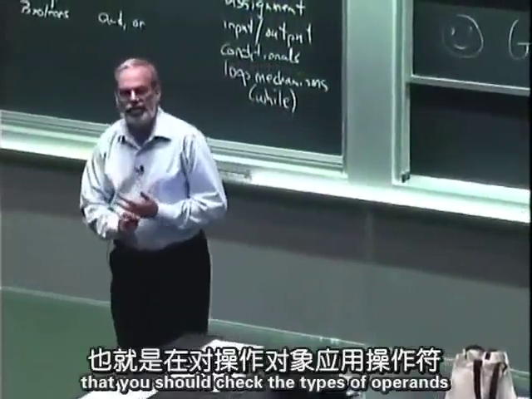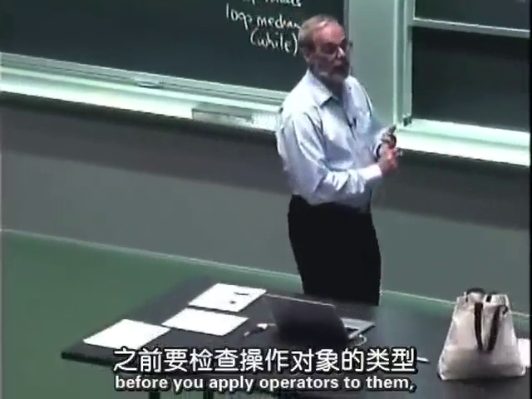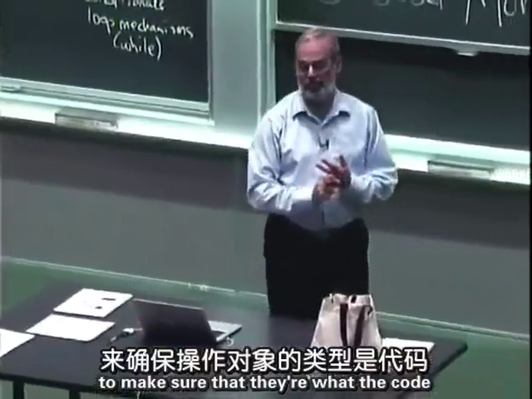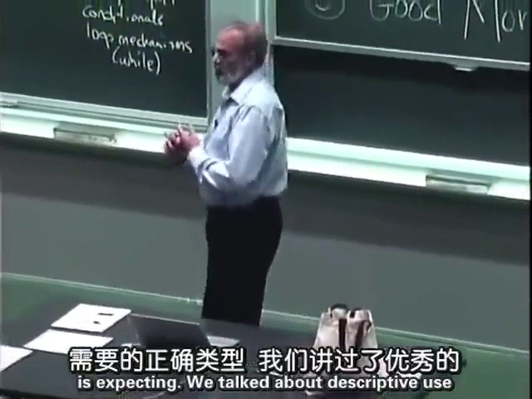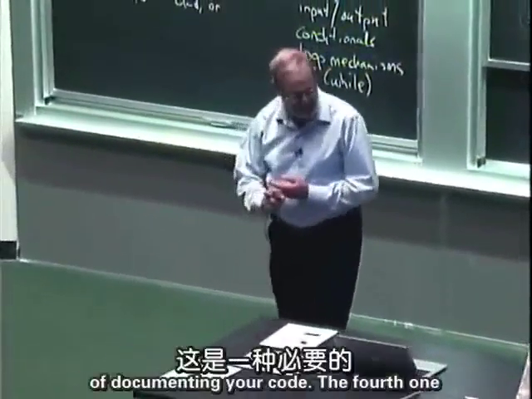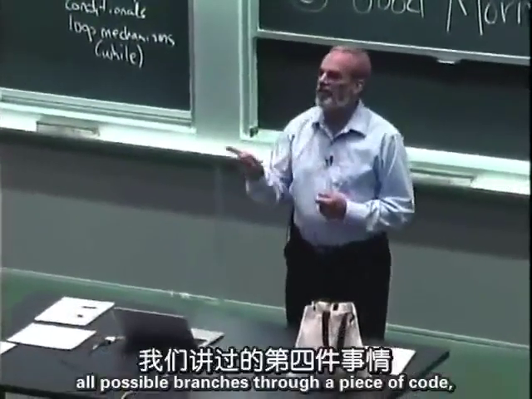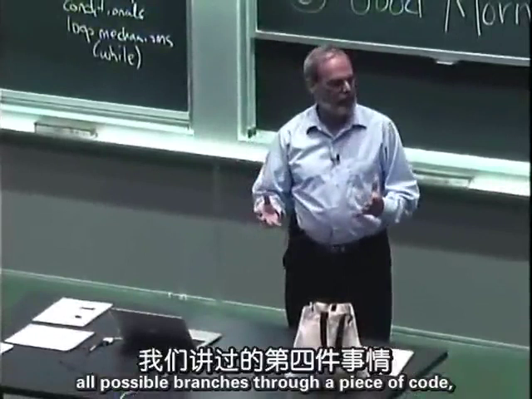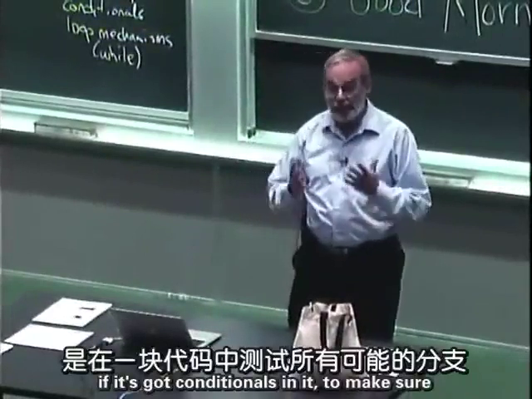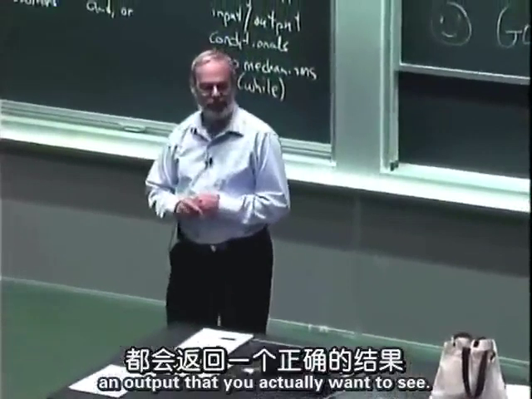The notion that you should check the types of operands before you apply operators to them to make sure that they're what the code is expecting. We talked about descriptive use of good variable names as a way, in essence, of documenting your code. The fourth one we talked about was this idea of testing all possible branches through a piece of code, if it's got conditionals in it, to make sure that every possible input is going to give you an output that you actually want to see.